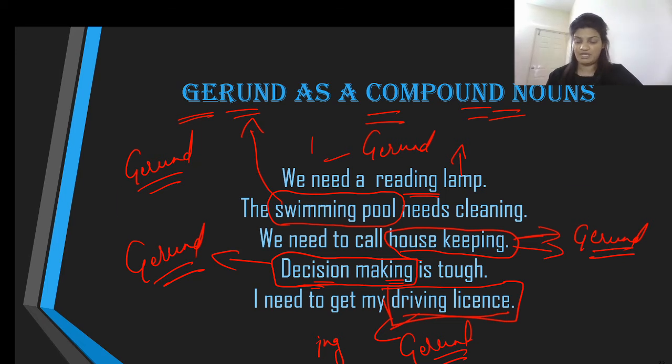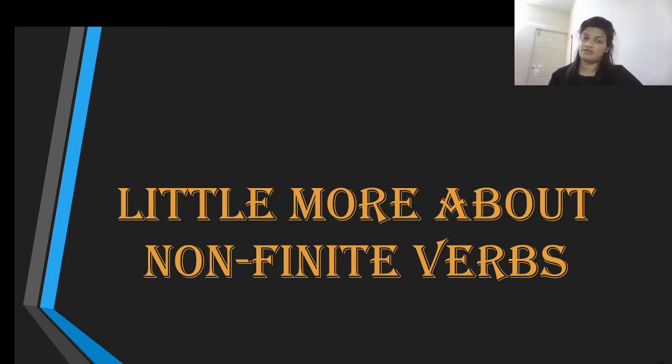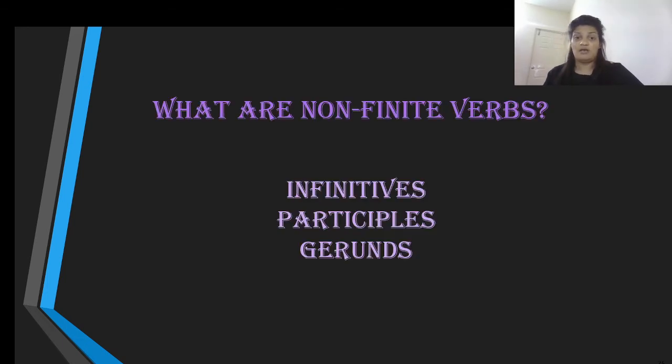All right, now let us move on to the next section, where we will learn a little more about non-finite verbs. Let me tell you what infinitives are. We have already learned about infinitives.